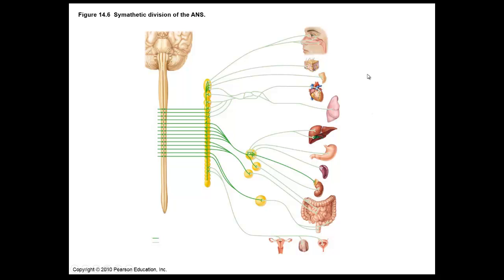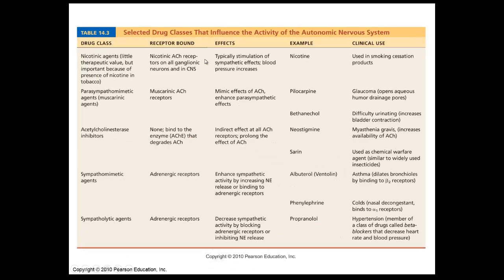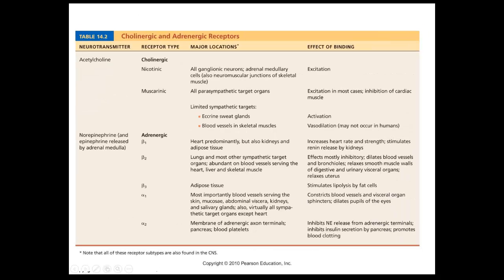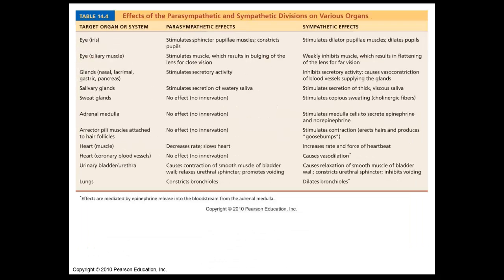So this is just a table that summarizes a lot of the information. I think it's good to make it visual by applying the information to the pictures of the parasympathetic and sympathetic nervous systems. And do know the general effects of the sympathetic and parasympathetic nervous systems on these major organs.